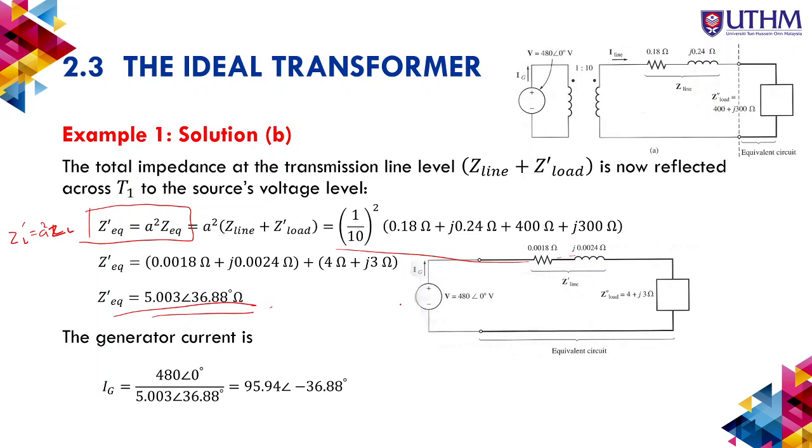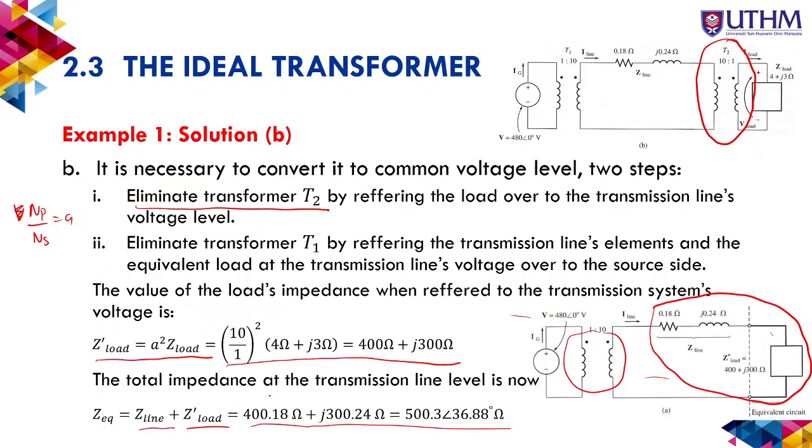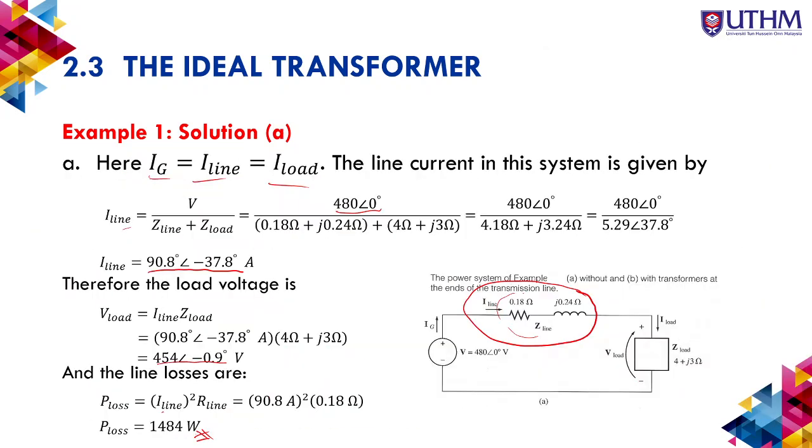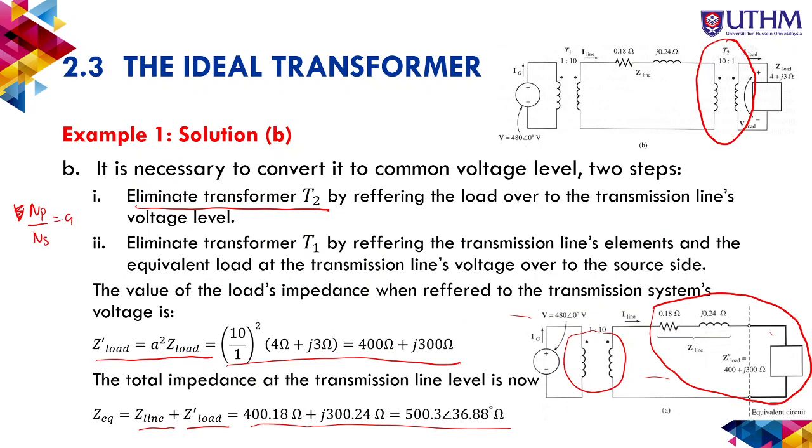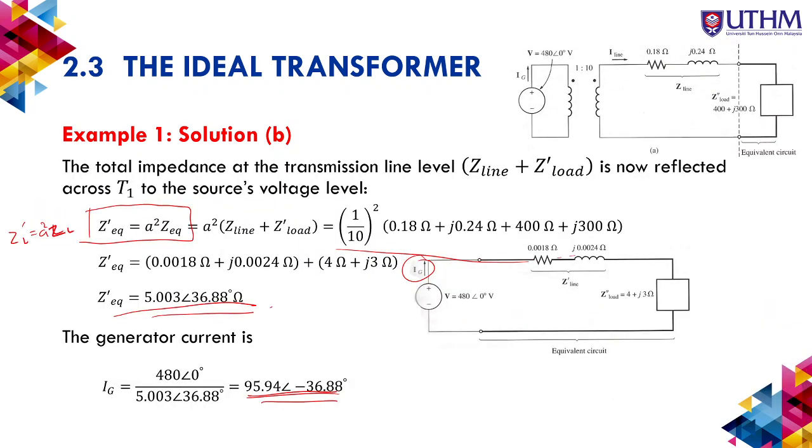Once we get everything in series, we will calculate the IG. So IG is this value. If we compare to the previous one, IG is quite the same. 90.8. This one is higher.